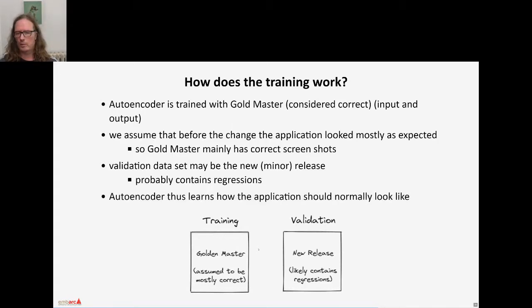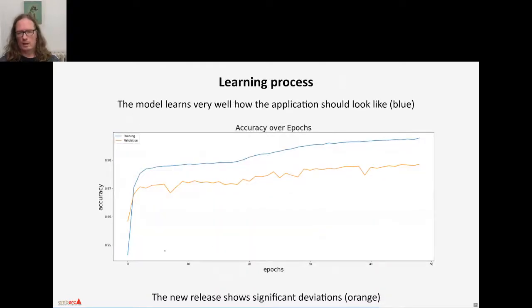And now our hope is that the autoencoder, which is trained on this training set, can learn how an application should actually look like. This is a curve that, if you're familiar with it, you will read it immediately, but probably you're not. The blue line is how this trains over time. So we need to do this iteratively. That's the way it works. And now you see that for the known testing data, on average, it goes up to over 99% of being correct, which is very good.